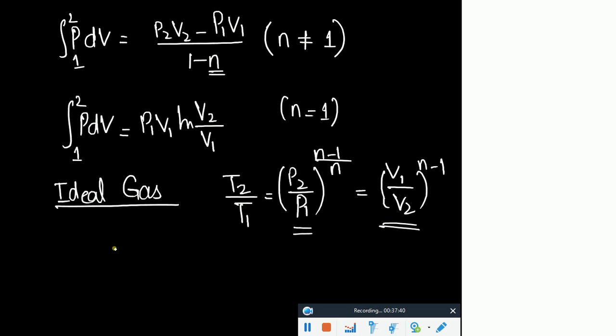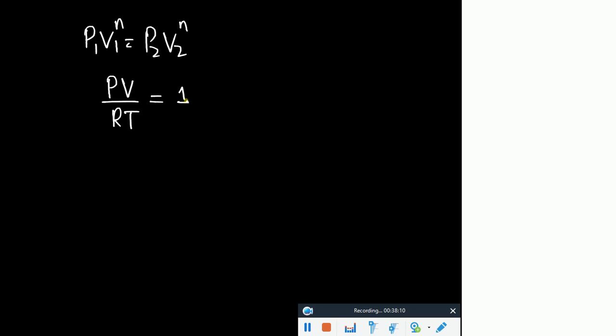Now if you want to find this work done from state 1 to state 2 in terms of temperature, you are talking about this one. If you see that P1 V1 equals P2 V2, do you have this relationship? But at the same time you have PV over RT equal to 1, right?